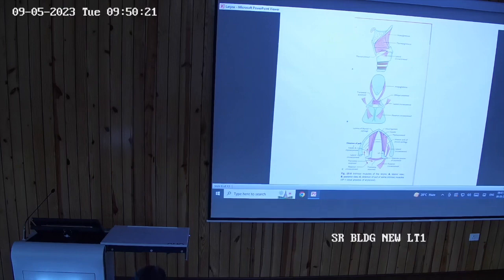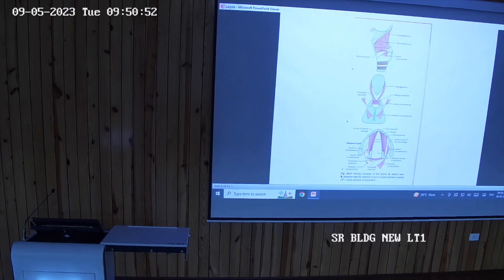If the protective cough reflex fails, then the person will have other problems. Okay. So the muscles which close the inlet of larynx are two, aryepiglottic and oblique arytenoid, while the thyroepiglottic muscle opens the inlet of the larynx.